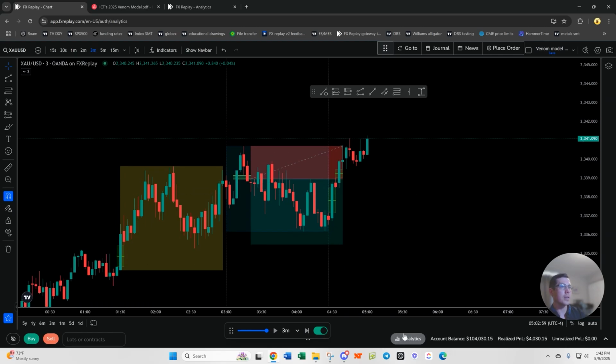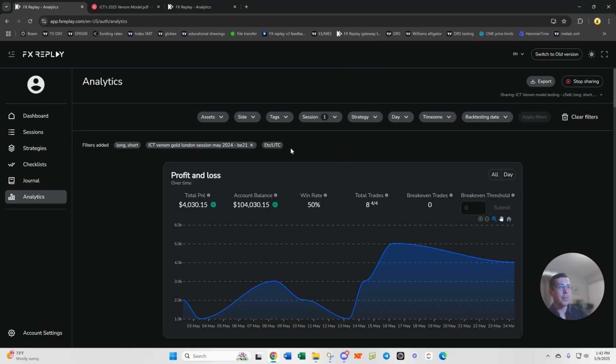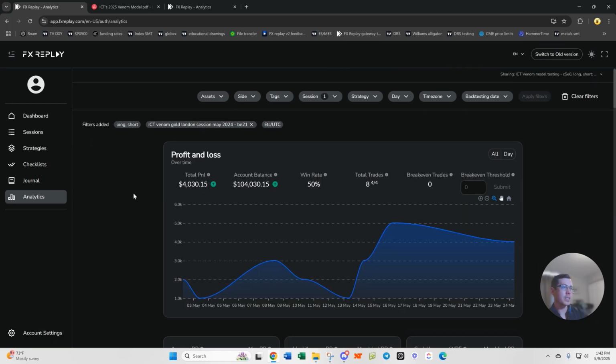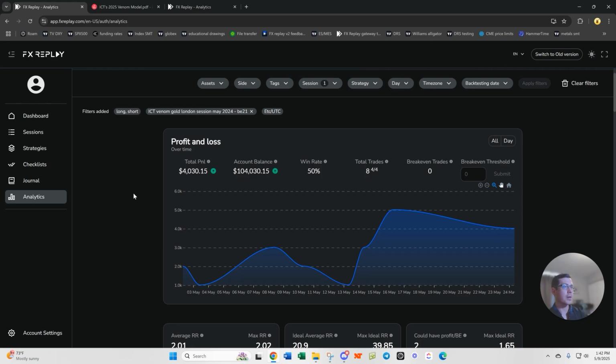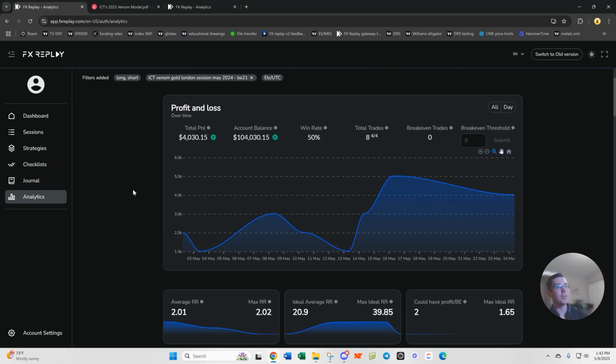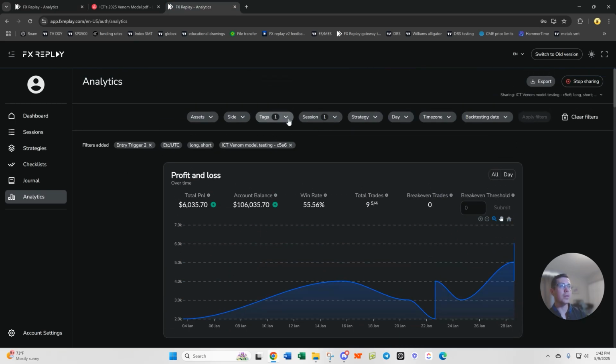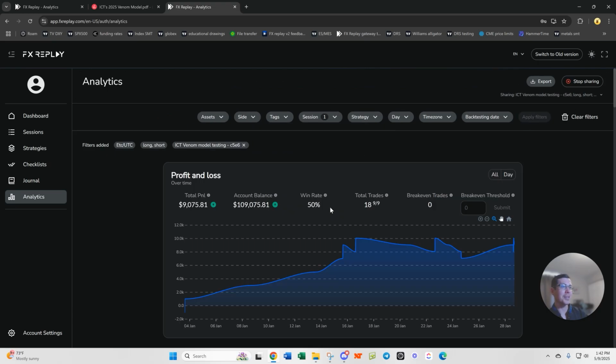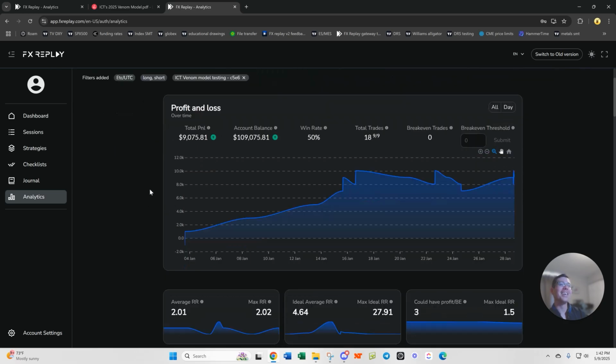Let's go ahead and take a look at some of the analytics. I'm going to start with this session we just did, but then I'm also going to show you guys, I think I did 14 other trades in early 2025, so slightly different market conditions, and pretty consistent with the first version that we saw. If I clear out the tags from the NASDAQ, we had literally exactly a 50% win rate.